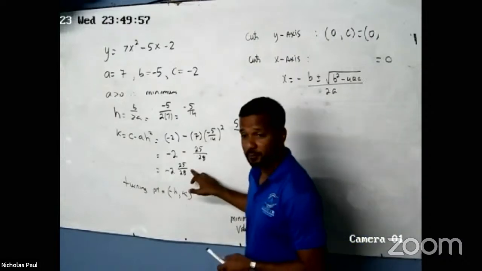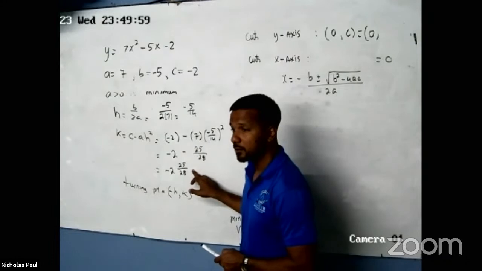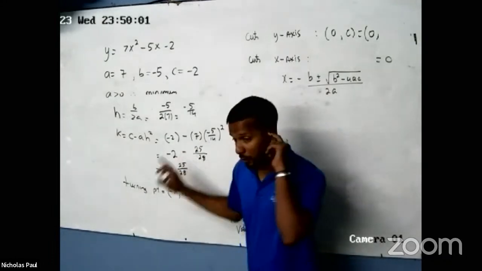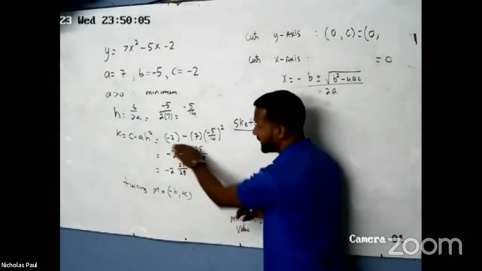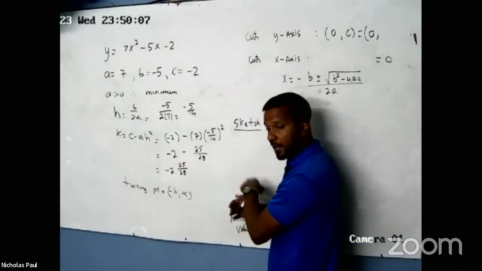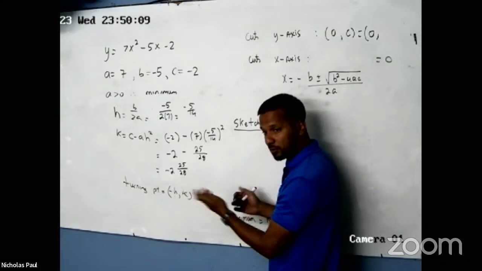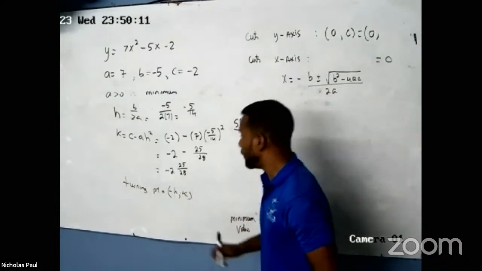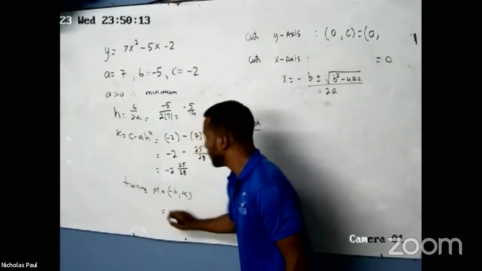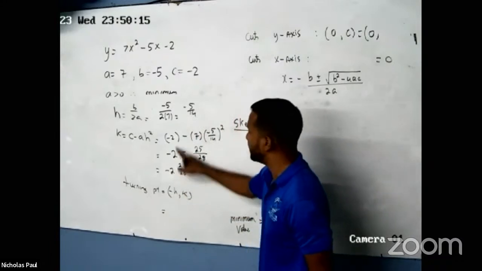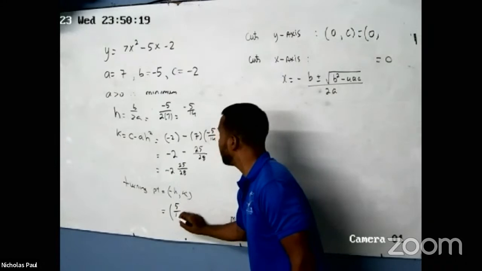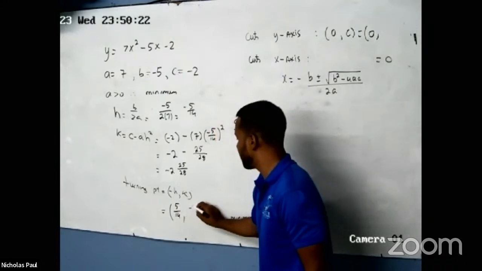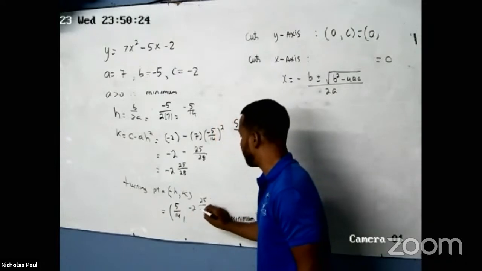Are you okay with that? If we get in trouble, I'll come and show you how to calculate this. Remember, you can put this entire thing in the calculator, especially if you have a Casio. So your turning point is -H, which is 5 on 14 by K, 25 on 20.